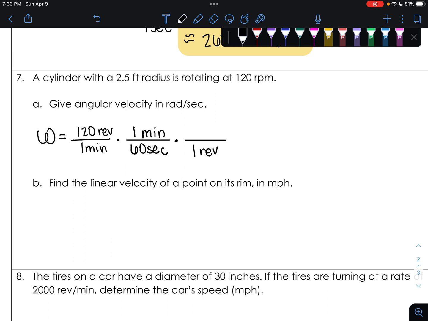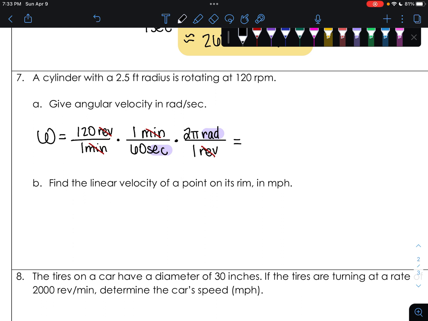So in 1 revolution, there's 2 pi radians. So we know we did this correctly if everything ends up canceling out except the radians per second. Revolution, revolution, they cancel out, minute, minute. I'm left with radians over seconds, so everything is good.